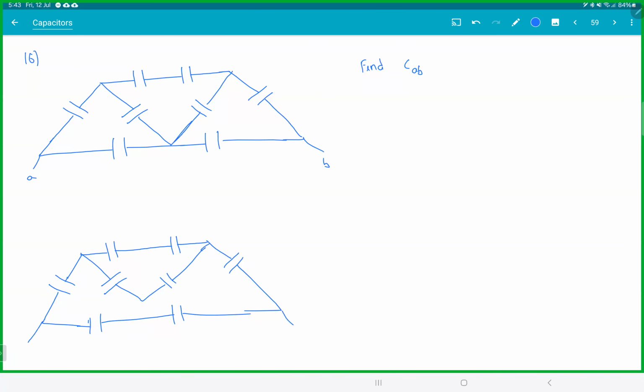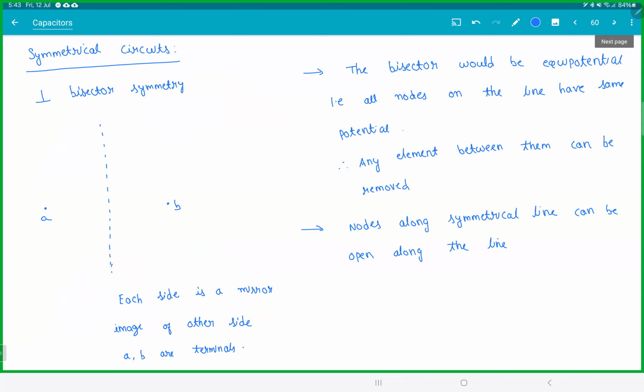Now it simply becomes series and parallel. So the CAB, how much is this? C by 3, C by 2, 5C by 6. That is the reason you can remove that node in the middle. This is perpendicular bisector symmetry.